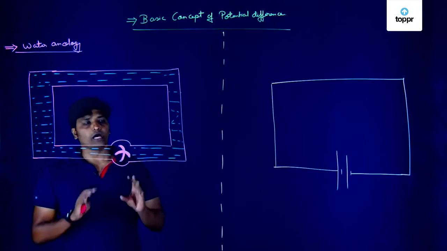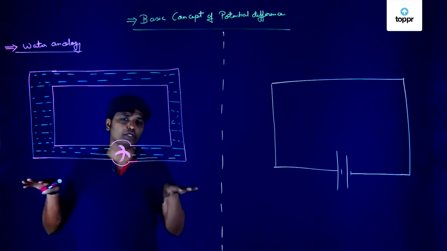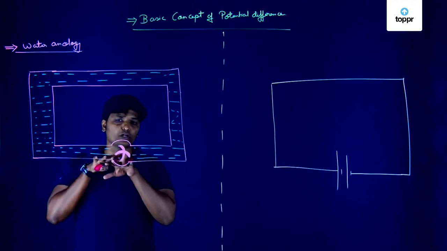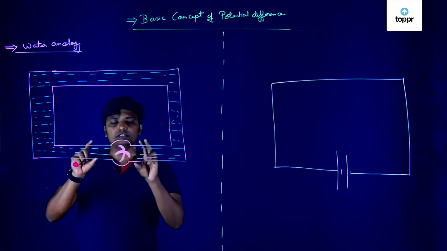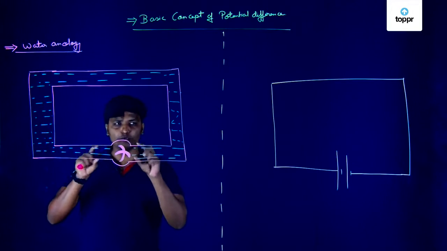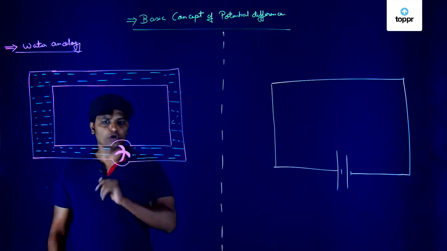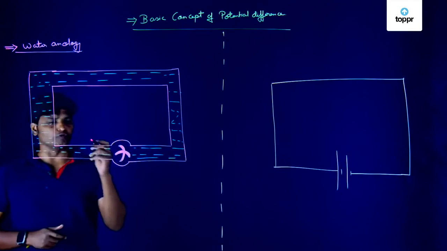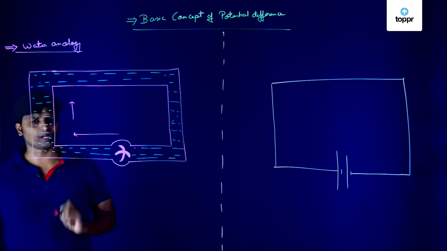Okay. Now this construction is placed horizontally, on a horizontal surface. Now, what is this construction? This is a pipe in which there is water placed, and if I want this water to flow in this direction, what am I supposed to do?